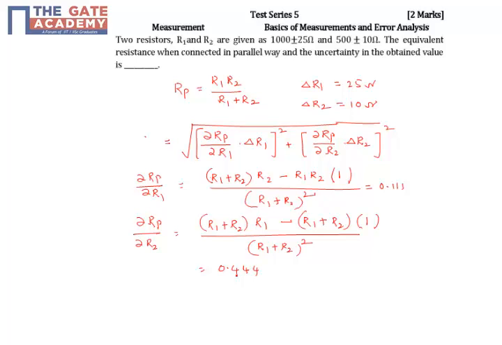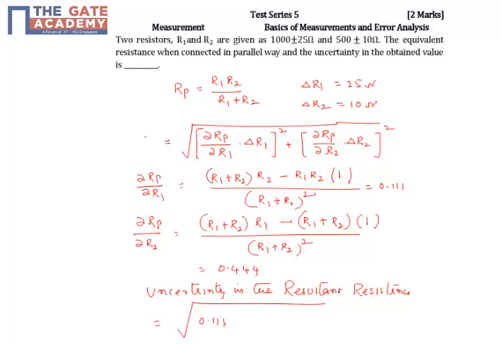So once you know all these values, you can find out the uncertainty directly. So uncertainty in the resultant resistance is equal to square root of 0.111 into 25 whole square plus 0.444 into 100 whole square.